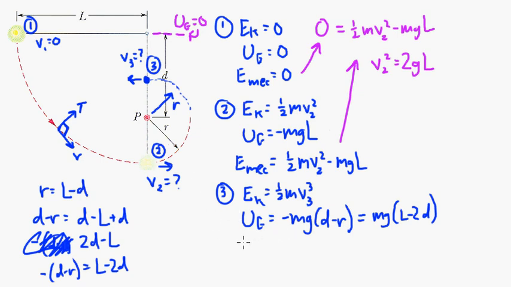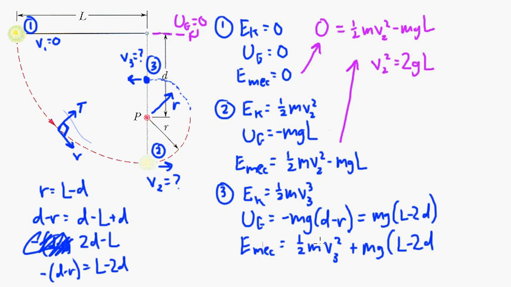Okay, and then E mech here, mechanical energy, is going to equal 1/2 m v3 squared plus mg times (capital L minus 2d). Now mechanical energy is conserved from here to here, and from here to here. That means it's also conserved all the way through, so all three of these mechanical energies are equal.